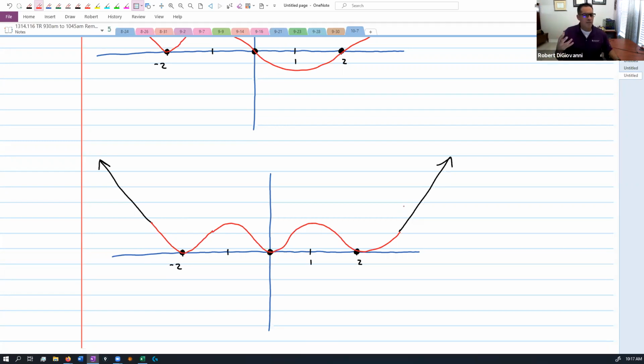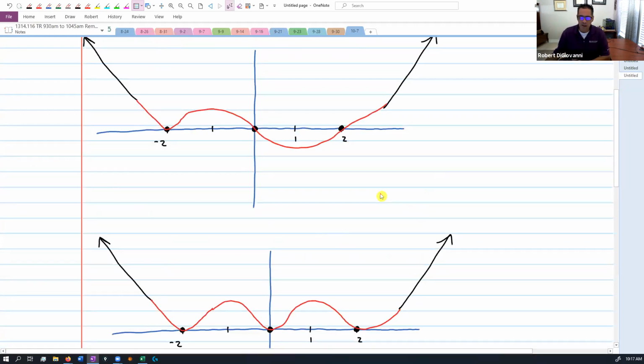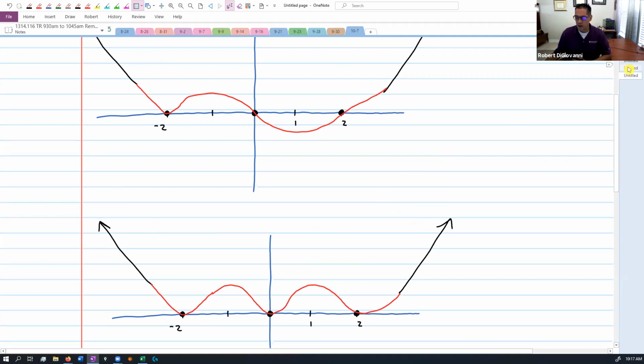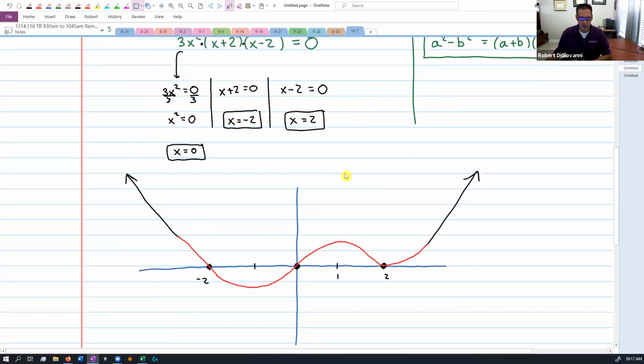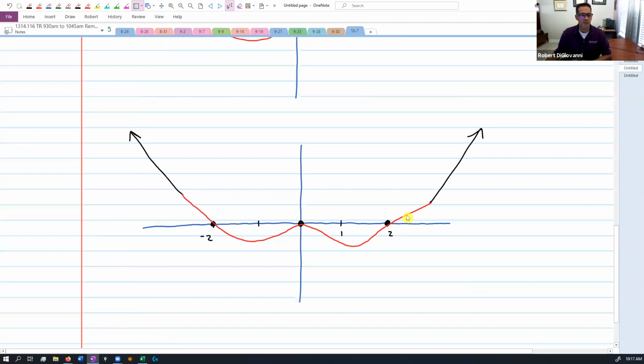Do y'all see what I'm trying to illustrate to you right now is that having the left and right go up and having the 3 x-intercepts is helpful, but it's not everything we need. To graph this, there's still too many variations of what it could be. I don't have enough information to be able to say which of these it is. Understand? So this isn't enough.